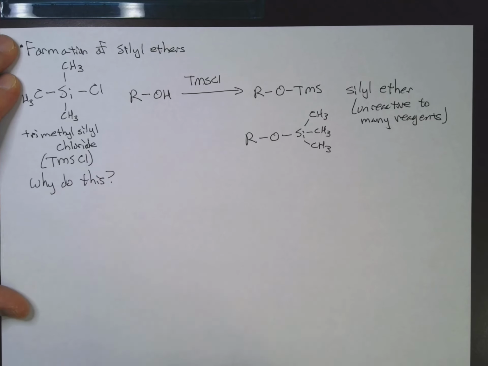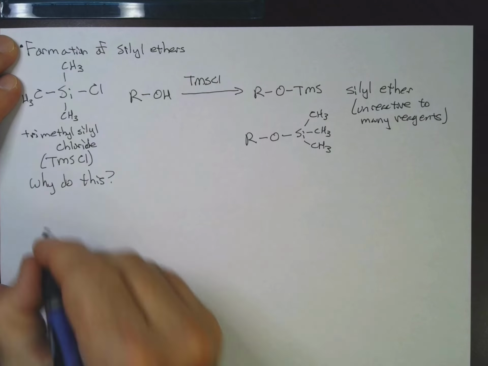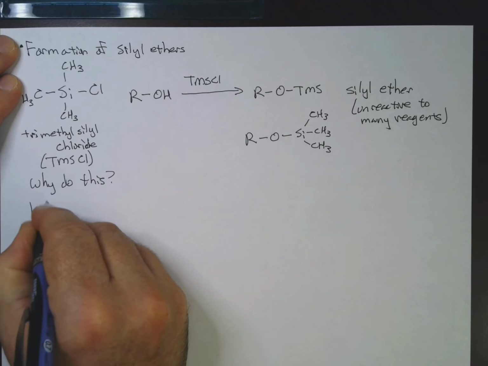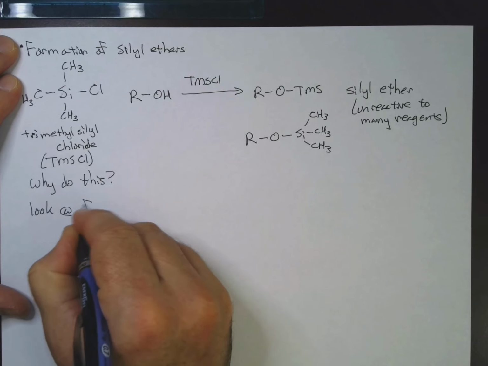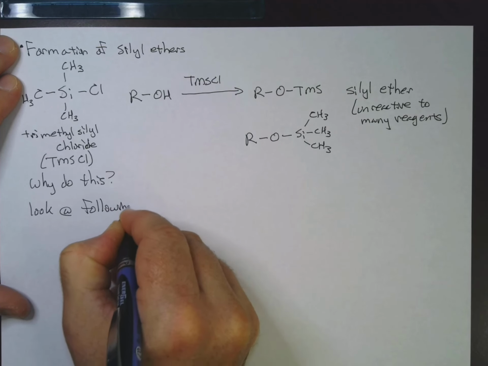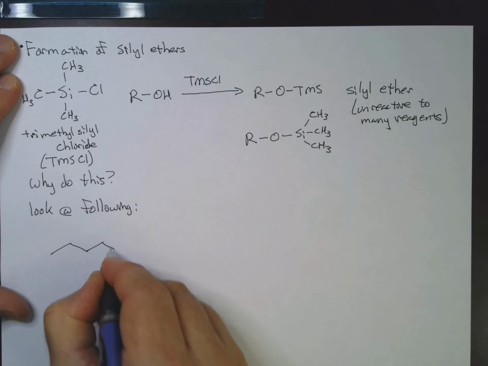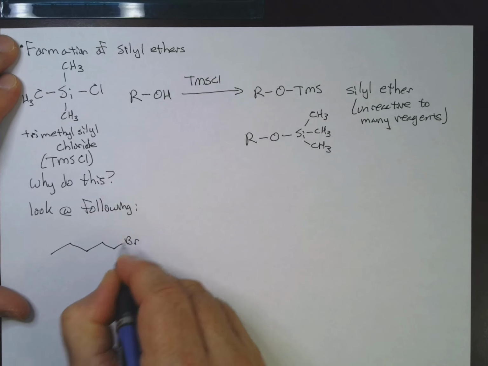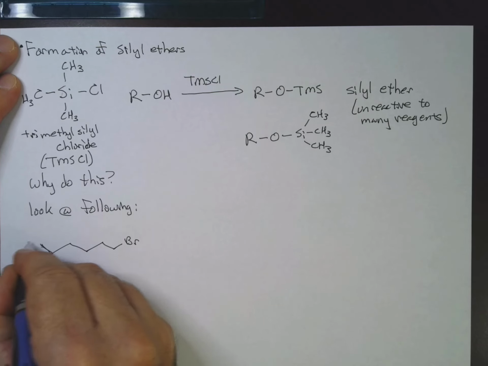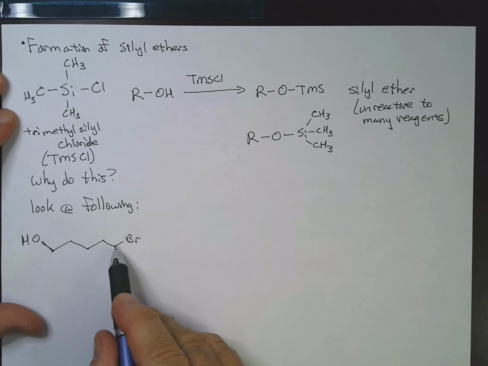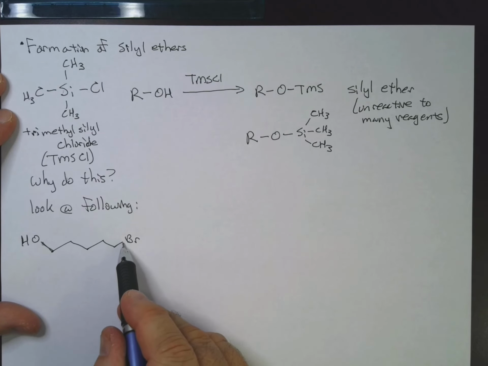Okay, well, let's say we had the following molecule. And let's say we wanted to make this into a Grignard.